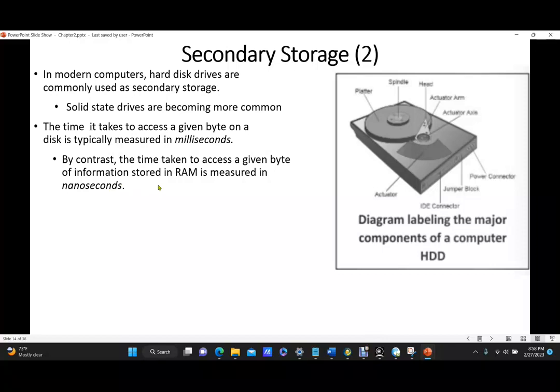The time to access a byte or location in RAM is nanoseconds. Optical storage, CD and DVD, are even slower than hard disk drives.